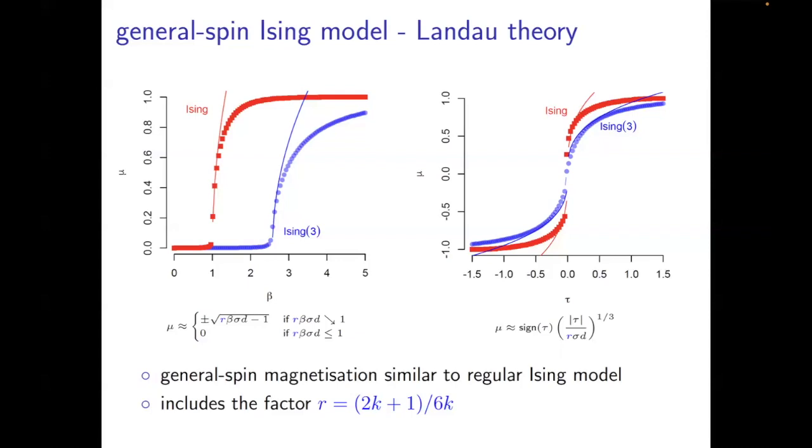Well, maybe actually, what value of k is the Ising model? Because it seems like k half or k 0. No, so we plug in the 0 always. So if you choose k equals 1, then you already have 3 values, right? You have -1, 0, 1. So it's never exactly the same as the Ising model.